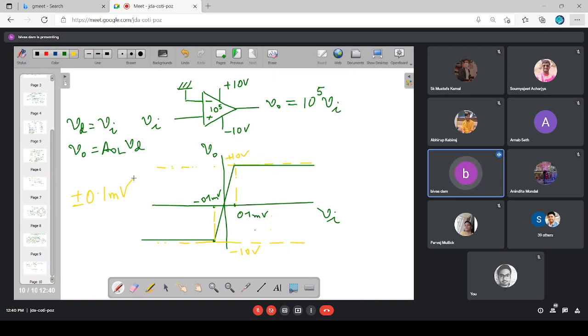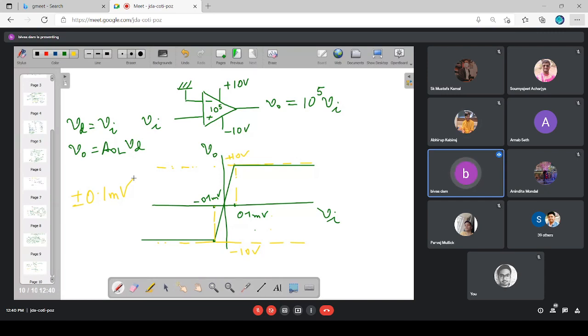But while using any circuit in a practical field, the available noise level is of the order of several millivolt. Out of that several millivolt, this plus minus 0.1 millivolt is too small. My noise voltage level itself is more than 1 millivolt in most situations.